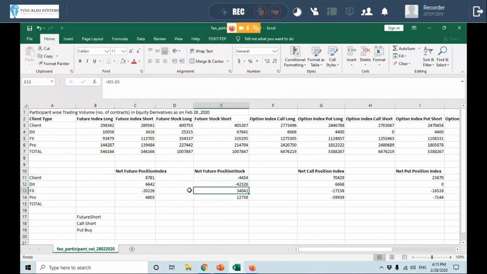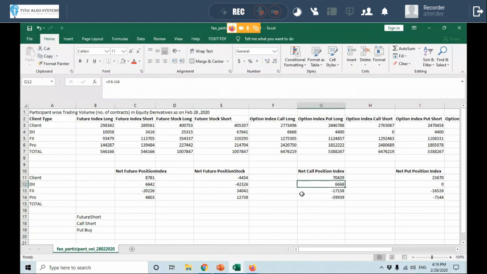If you see FII, they are buying futures, buying stocks, and they have bought worth 14,000 crores. Still they are hedging themselves by shorting call and by buying put, and their index position is also negative. So overall they are also negative. DII is negative because they are hedging their future stock position with index.